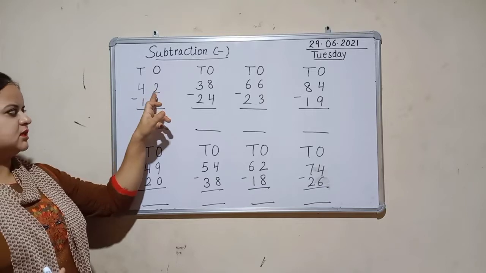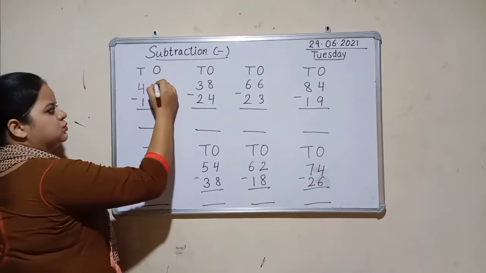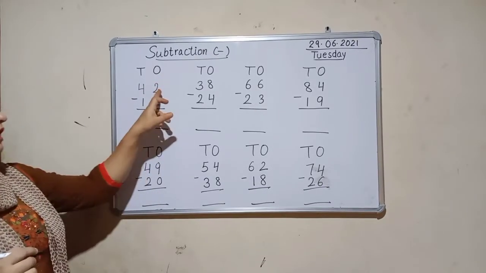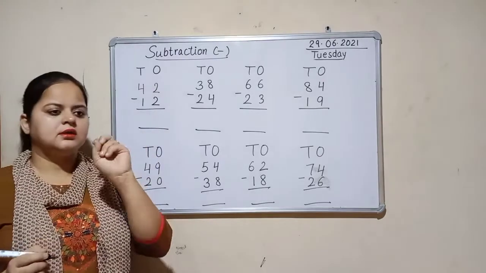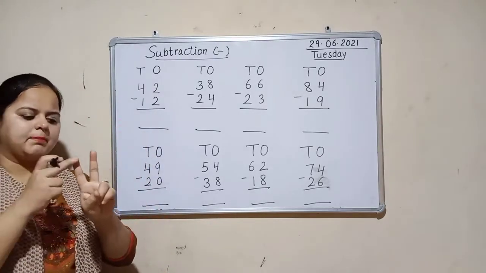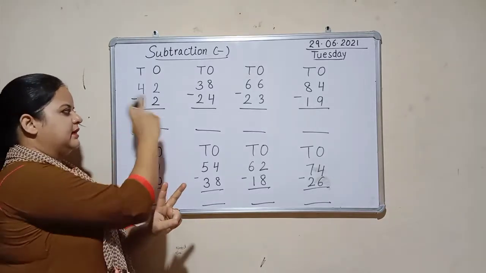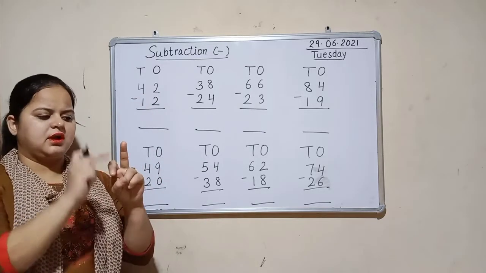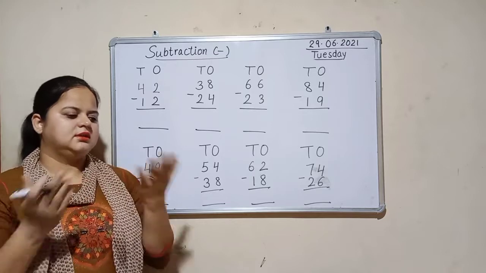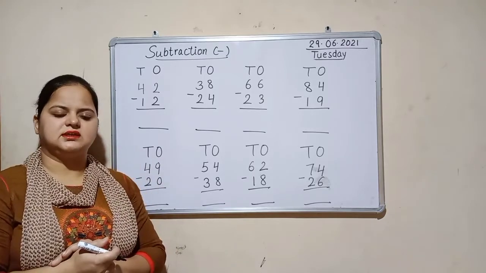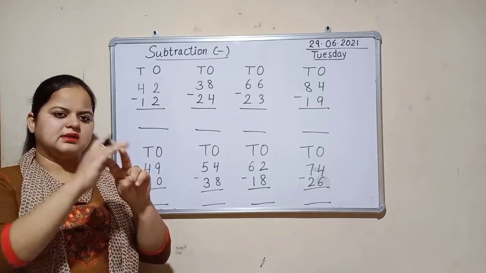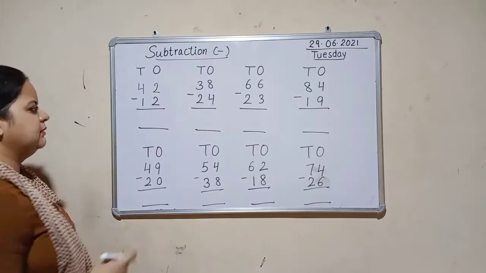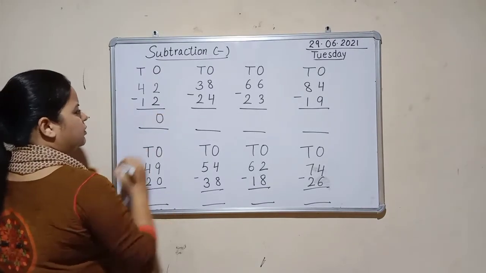Okay, in subtraction, how we will do? We have 2 here. So we will open 2 fingers and again we have 2. We have to close these 2. Now we have nothing. 2 minus 2, nothing means 0.